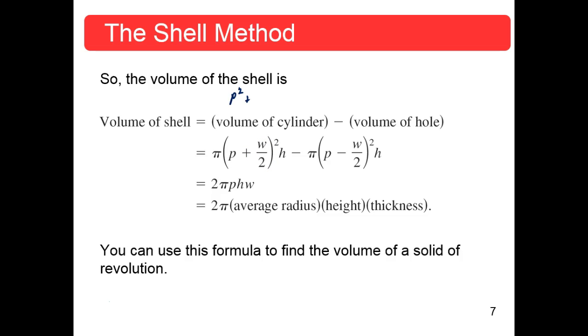So twice P times W over 2, the 2 is going to cancel the 2, that would be just PW. Plus you square the last one, that's W squared over 4. Now, we've already pulled out the pi and pulled out the h.